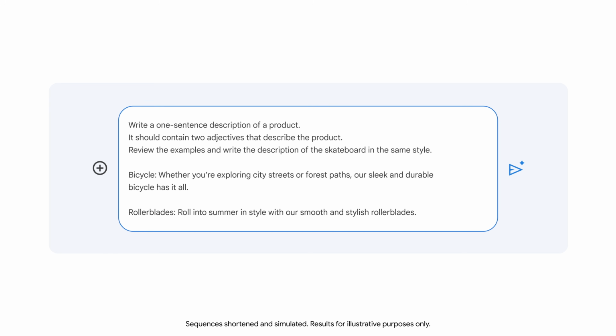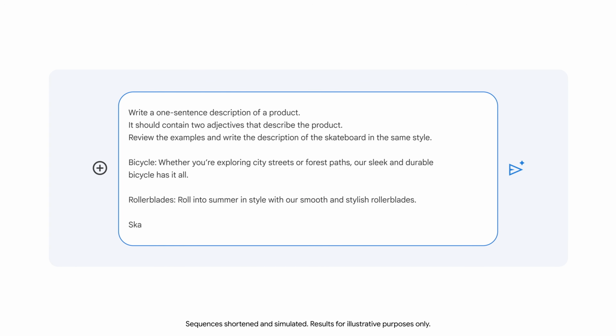Each example contains a label indicating the product being described, a bicycle and rollerblades. And each description is one sentence long and contains two adjectives: sleek and durable for the bicycle, and smooth and stylish for the rollerblades. Next, we type the label skateboard.